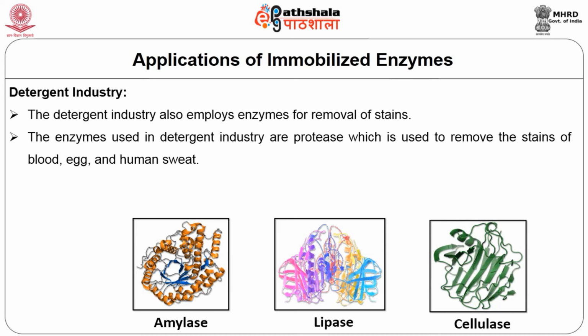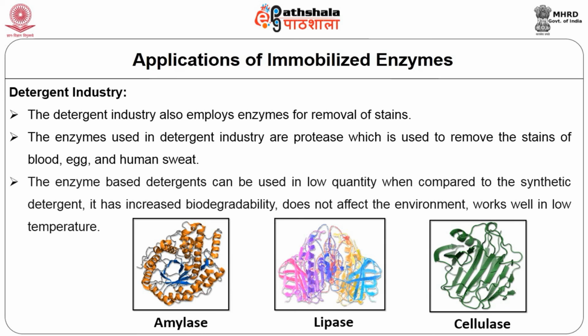Cellulase is used for cotton-based fabrics in order to improve softening, color brightening and to remove oil stains. Enzyme-based detergents can be used in low quantity when compared to synthetic detergents. They have increased biodegradability, do not affect the environment, and work well at low temperature.